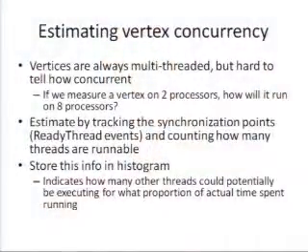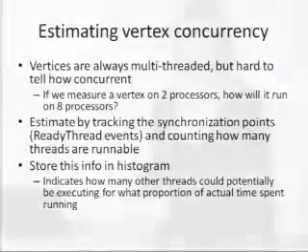The concurrency is interesting because without looking at the source code, there's not really any way to tell. If we measure how long something runs for when we've got 2 processors, how long is it going to run for when we have it on 8? We estimate this, and this isn't a perfect way of doing it by any means, but we can estimate this because we're using ETW events, quite low-level events.